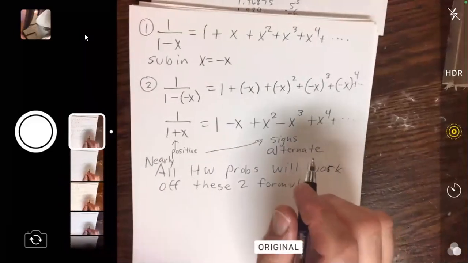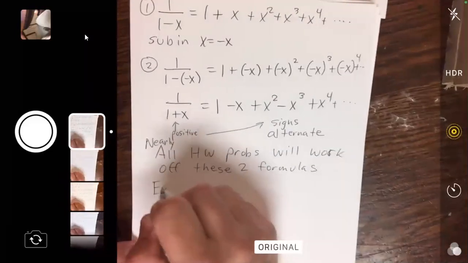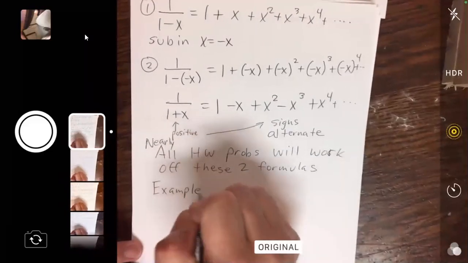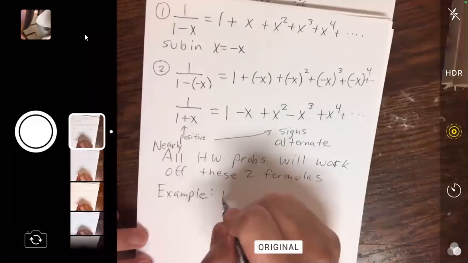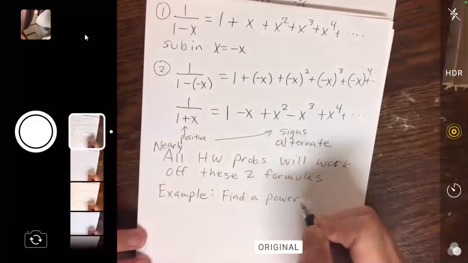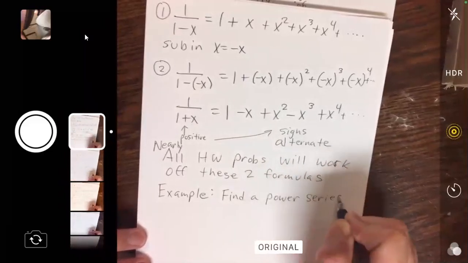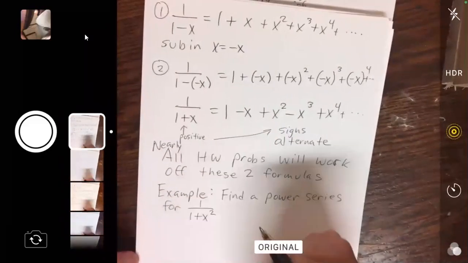I'll give you an example of what they want you to do. Here's an example. They'll say, find a power series for 1 over 1 plus x squared.